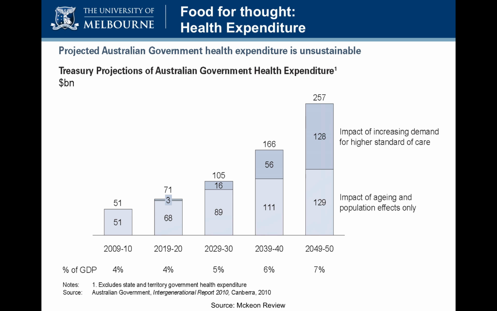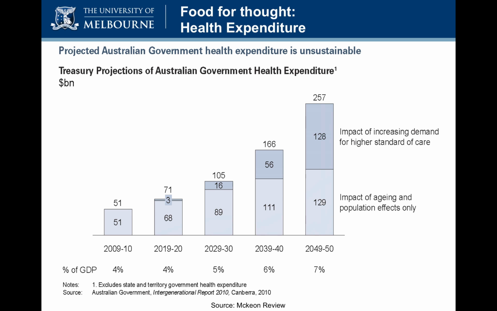The next slide is taken from a recent report called the McKeon Review into Health and Medical Research in Australia, which in turn is based on an updated Intergenerational Report from 2010 produced by the Commonwealth Treasury. What this shows is Treasury projections of health expenditure from current times out to the year 2050.